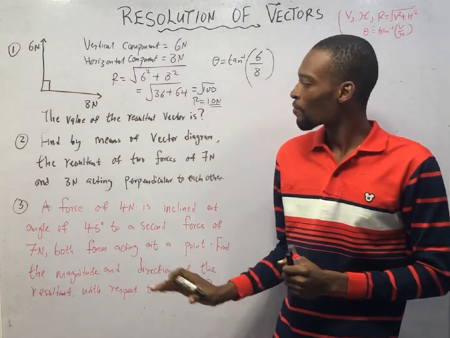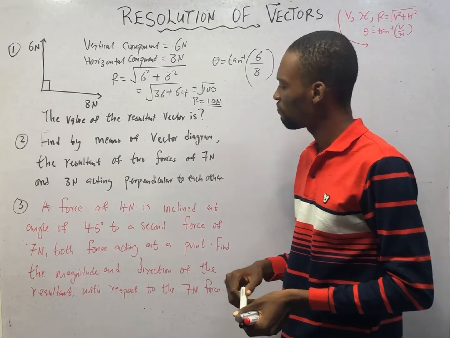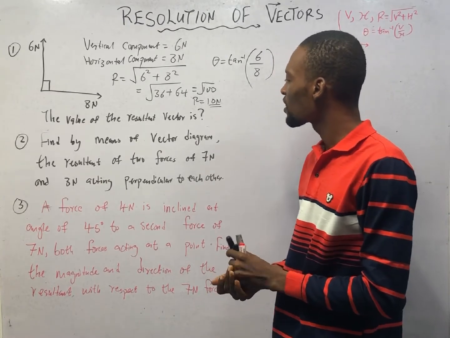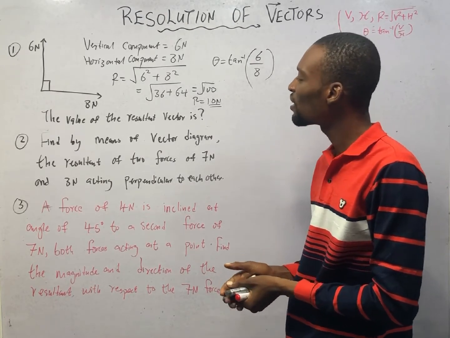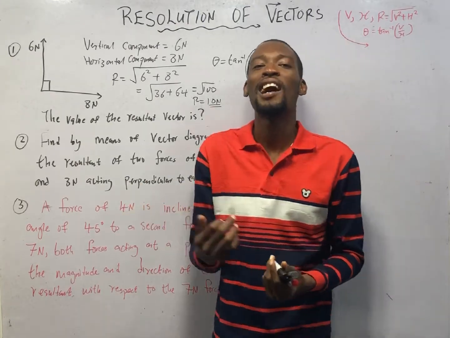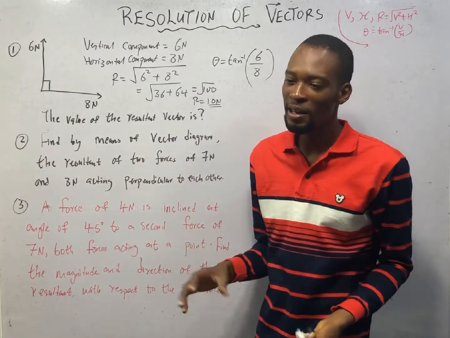It says, find by means of vector diagram the resultant of two forces of 7 Newton and 3 Newton acting perpendicular to each other. Now, this is where the grammar and confusion comes in. Find by means of vector diagram.